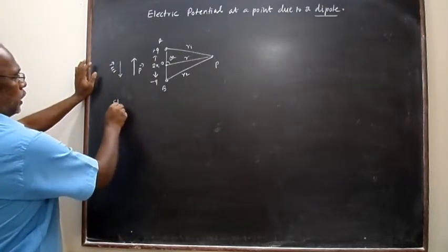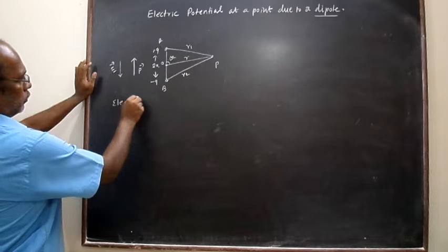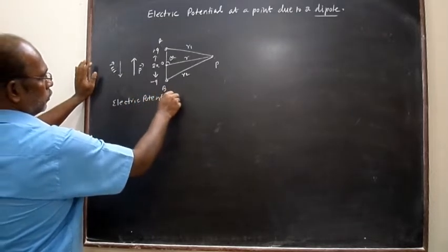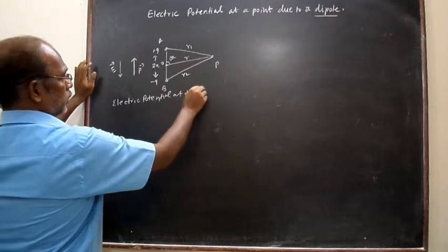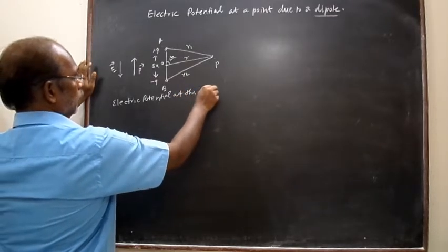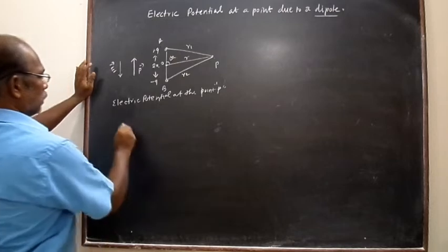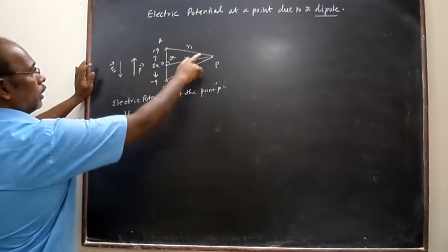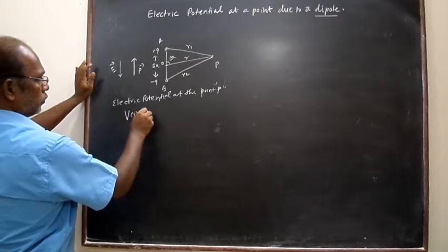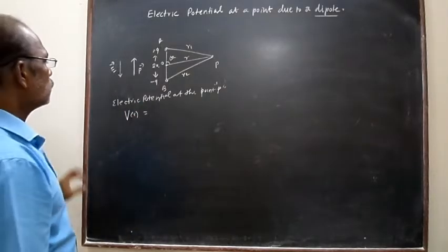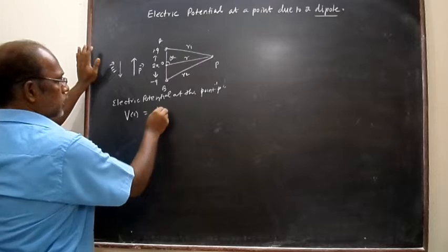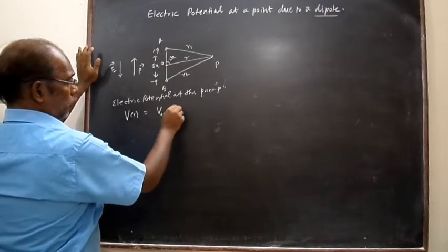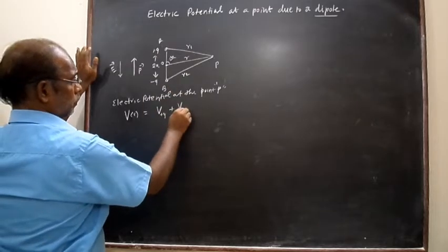The electric potential at the point P, at the distance R, due to plus Q and potential due to minus Q.